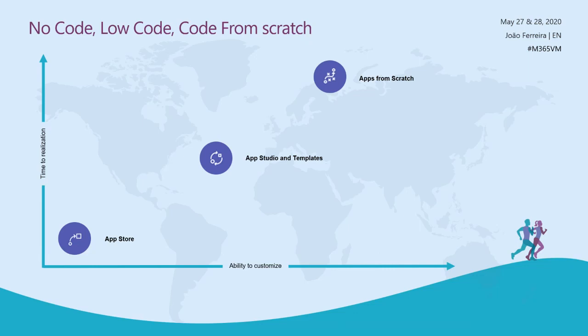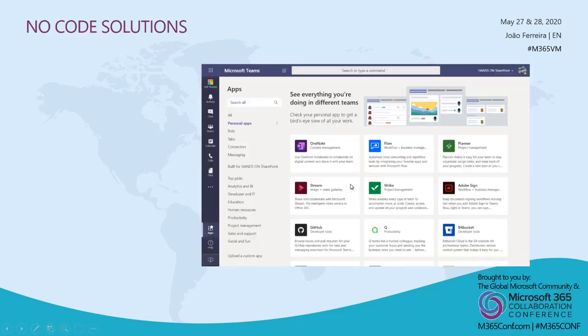So let's see how this works. The no-code solution that I've just explained. We have personal apps, we have bots, we have tabs, we have connectors, and we have message extensions.